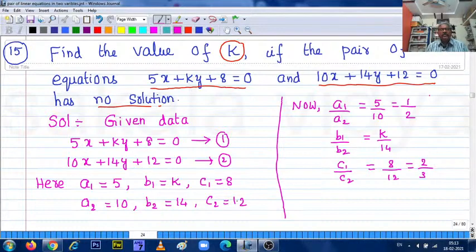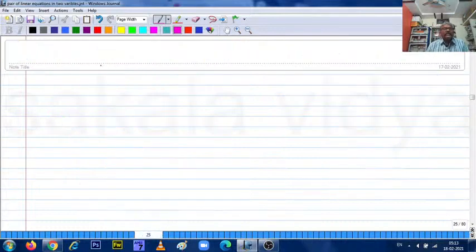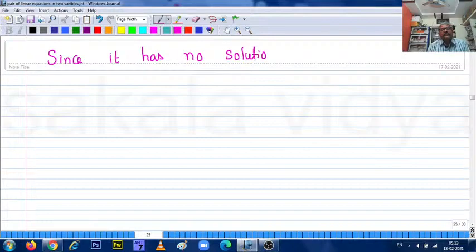So it has no solution, which means we can write now, since the system or pair of linear equations has no solution or inconsistent, that implies a1 by a2 should be equal to b1 by b2.